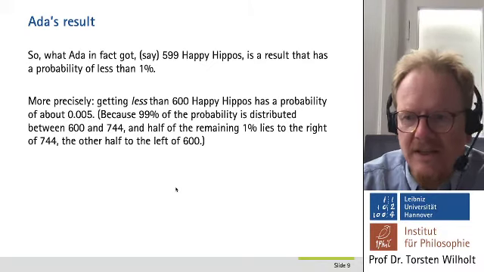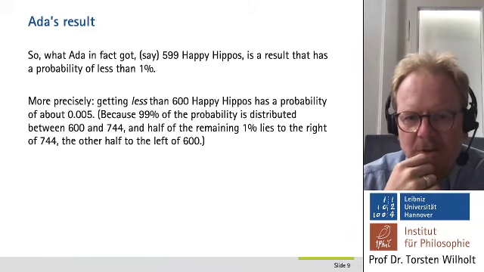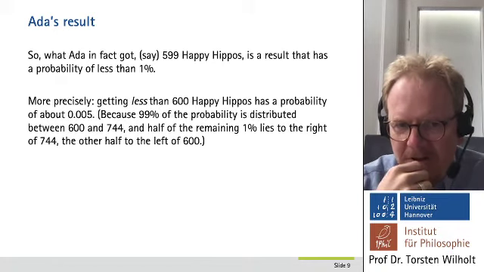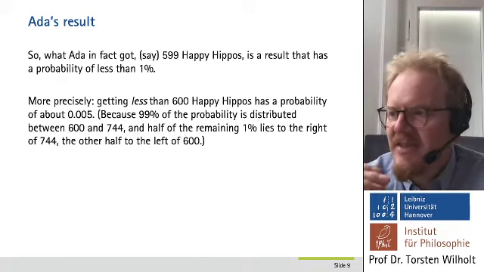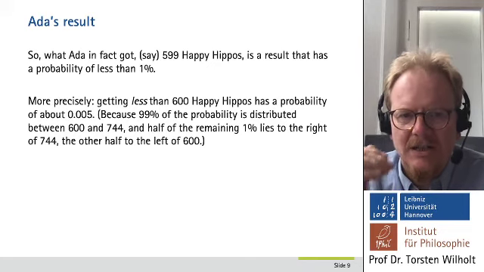Okay. Now, before we go on, I should explain what this means in terms of the frequency interpretation. Remember, we're working within the frequency interpretation framework. So what does this mean?